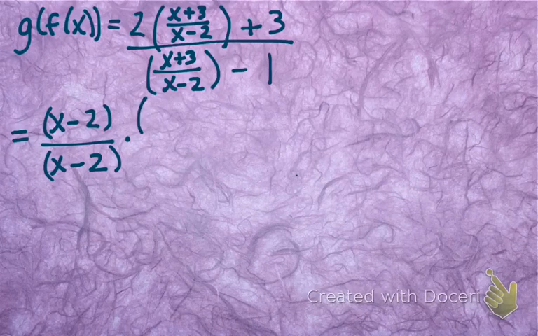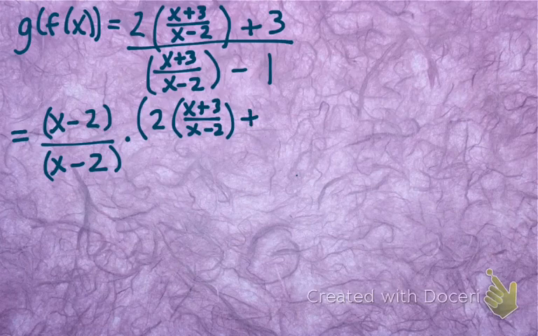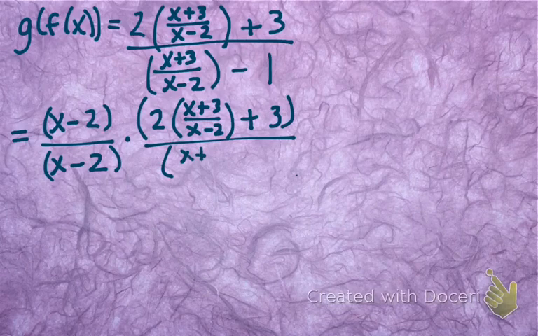So then I have on the top 2 times x plus 3 over x minus 2 plus 3, and on the bottom I have x plus 3, oh that's ugly, let me clean that up, x plus 3 over x minus 2, minus 1.